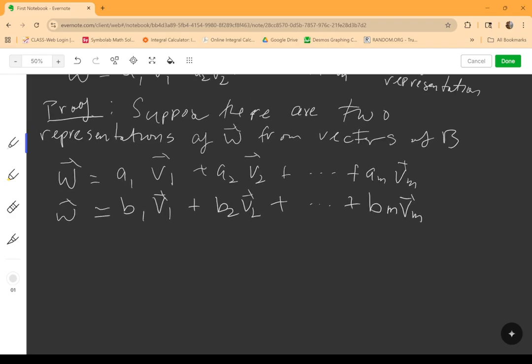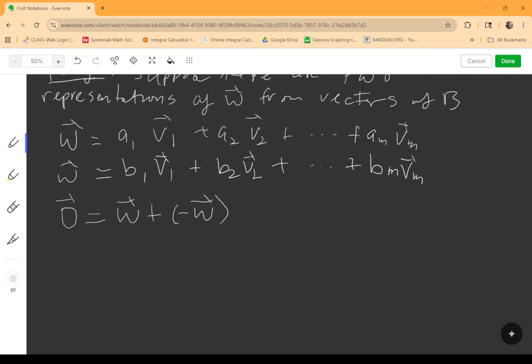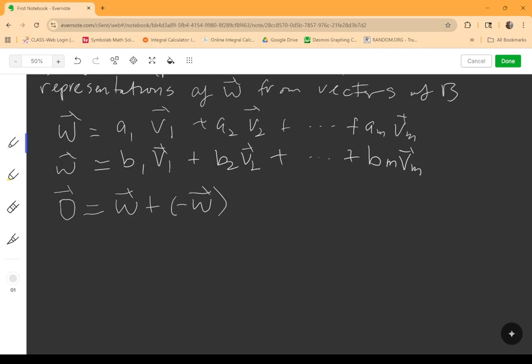Now here let's go ahead and prove that this leads to not necessarily a contradiction, but the fact that a1 must equal b1, a2 must equal b2. Again, we'll approach this using vector space properties and the definition of linear independence. So I can write the zero vector as w plus the additive inverse of w. That is the axiom Z. And then from here, let me do some substitution.